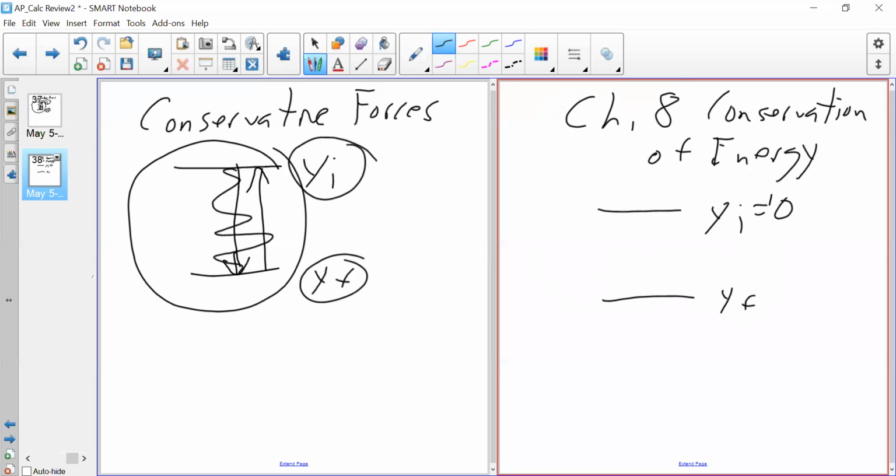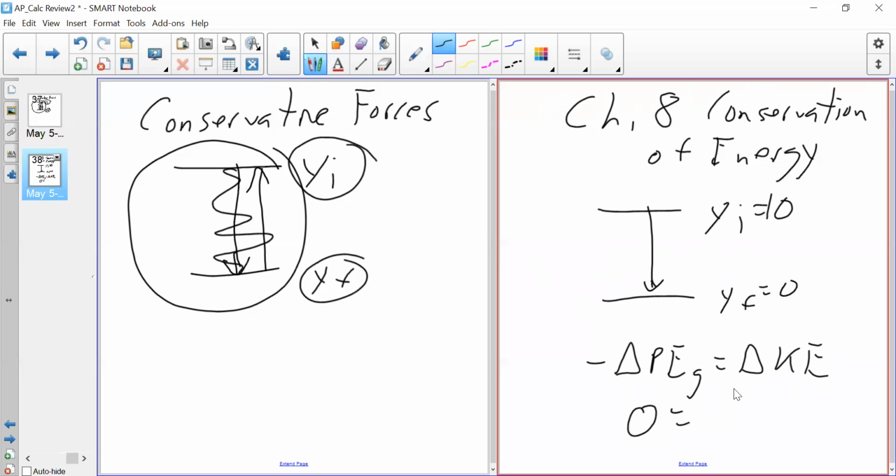Say y initial is 10 and y final is 0, and we're falling. We note that the negative change in gravitational potential energy is going to be exactly equal to the increase in kinetic energy. So the overall energy, or the sum of the changes, is going to be equal to 0.